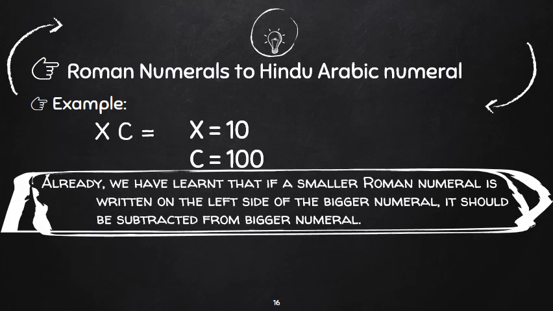We have already learned that if a smaller Roman numeral is written on the left side of the bigger numeral, it should be subtracted from the bigger numeral. So what we will do? We will subtract 10 from 100 and your answer is 90. So XC is equal to 90.